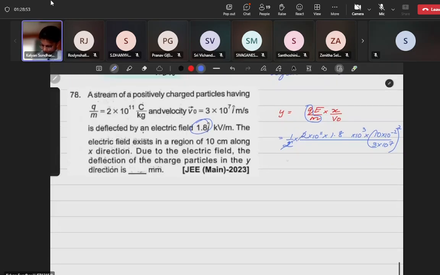The half gets cancelled. So this will be 1.8 into 10 to the power 3 minus 14 divided by 10 square.